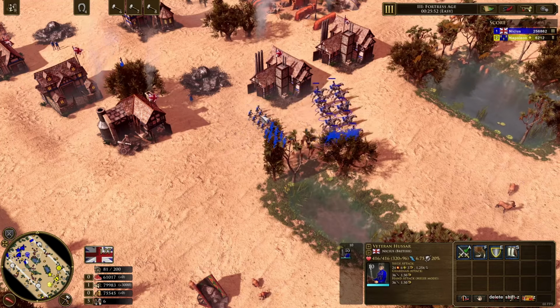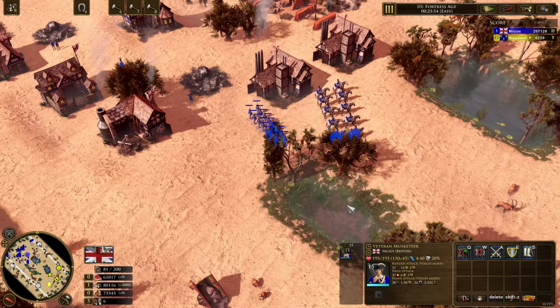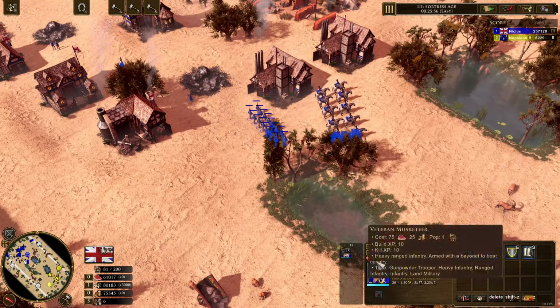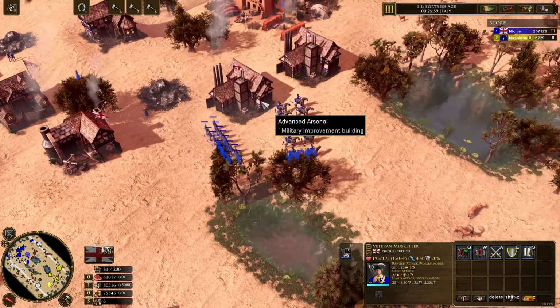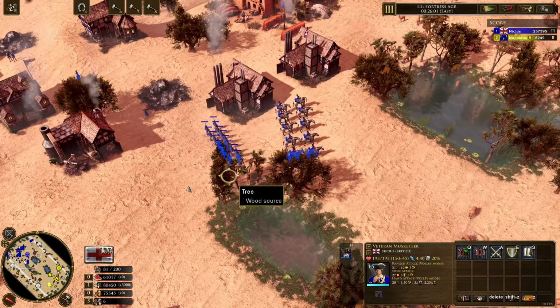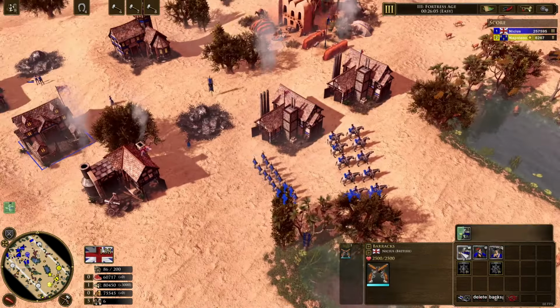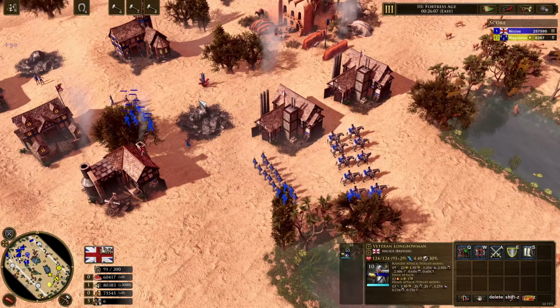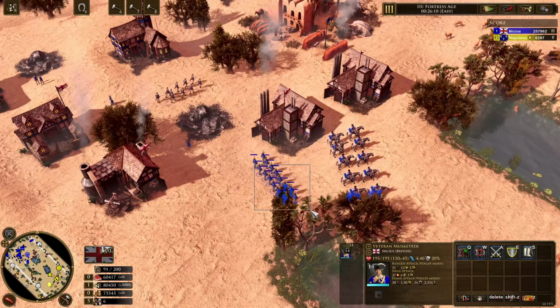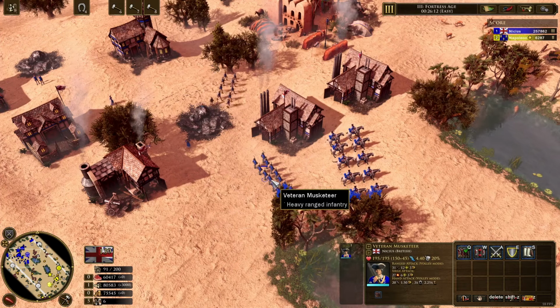And then retreat immediately so that they have to, again, switch the stance to their range attack, which then is going to force the units to go in front of the main army, which then leaves them open for light infantry to deal the damage to get them down.